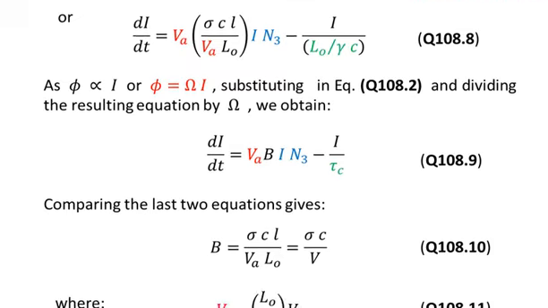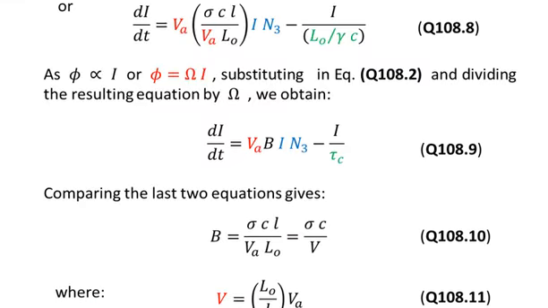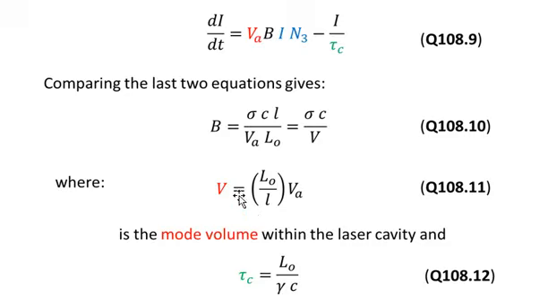We can compare the two equations for the values of capital B and tau c. The value of capital B can be written directly by comparison: capital B is equal to sigma C L divided by VA L naught, which simplifies to sigma C divided by capital V, where capital V is equal to L naught divided by small l, multiplied by VA.